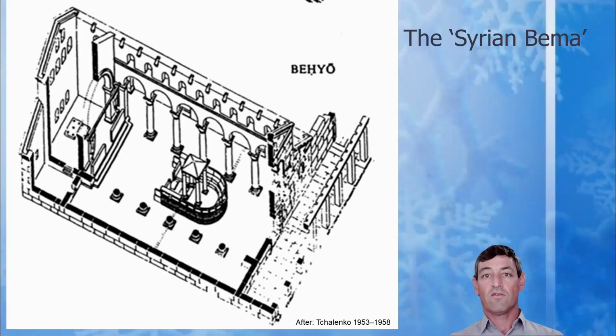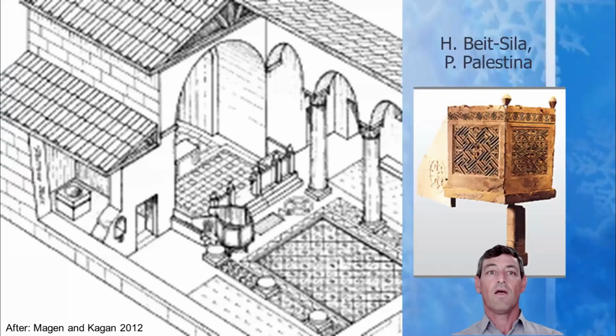So I think that I drew that term, the Phoenician bema, related to Provincia Phoenicia, just like the Syrian bema is from Provincia Syria. Now, there are other tables or lecterns actually in other provincias, like here in Provincia Palestina. This is Churbat Bet Sila in Samaria, where you can see there is an ambo.